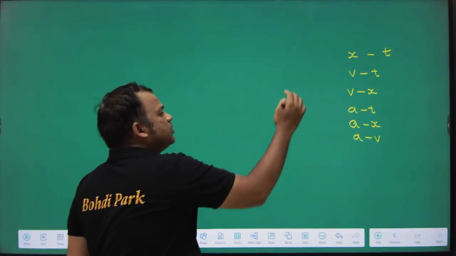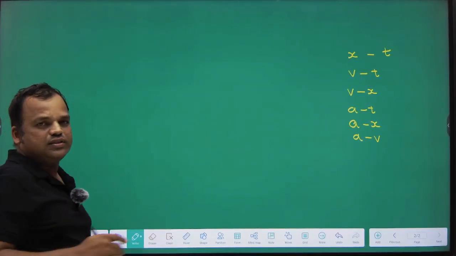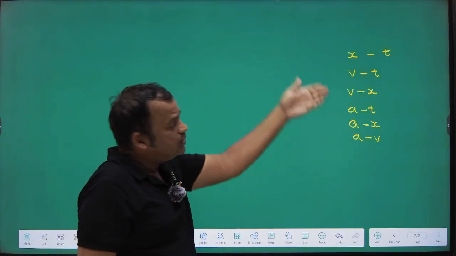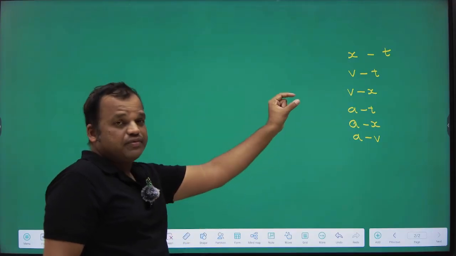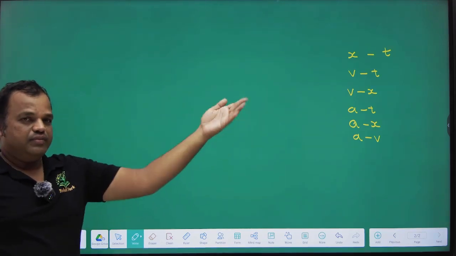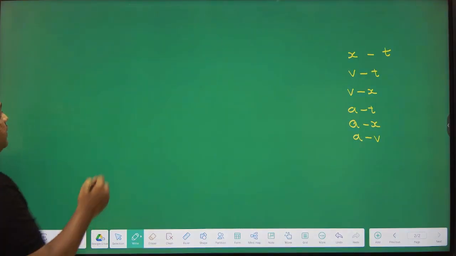How do we apply area under the graph in these graphs? Can we apply the area under the graph concept in all these graphs, or only in some specific graphs? We will see. First, we will see what is the meaning of area under the graph.